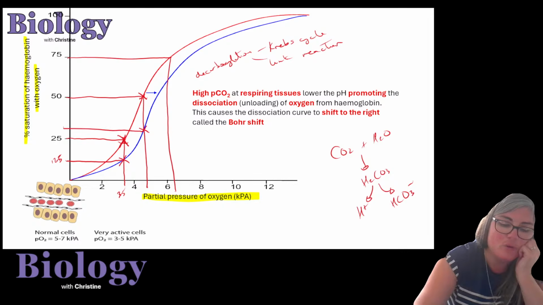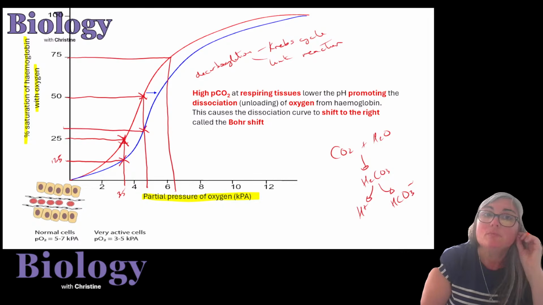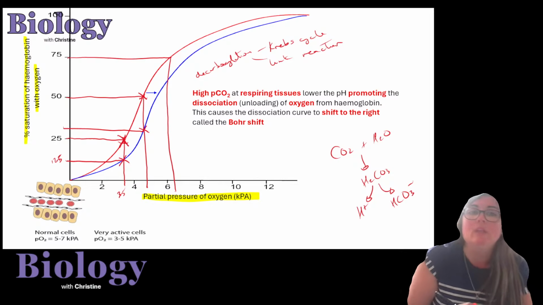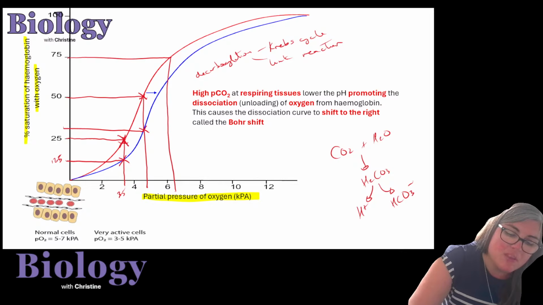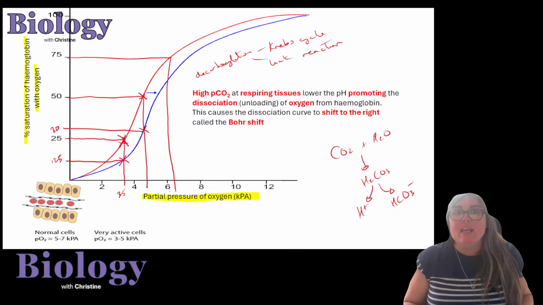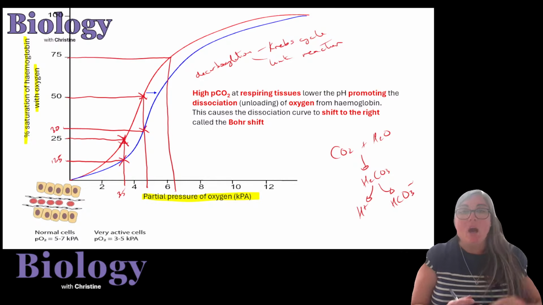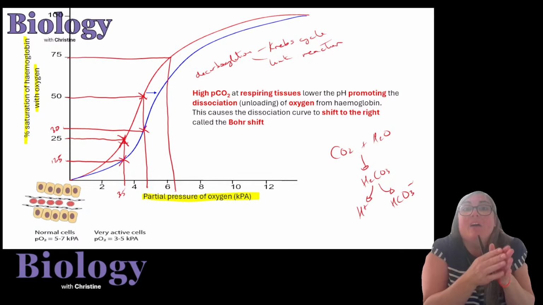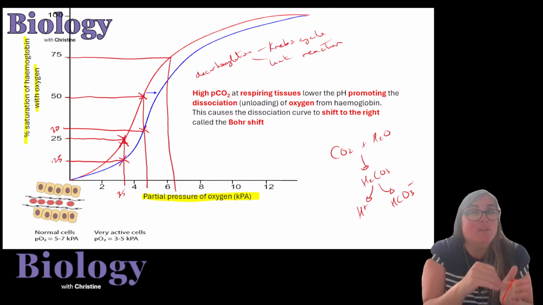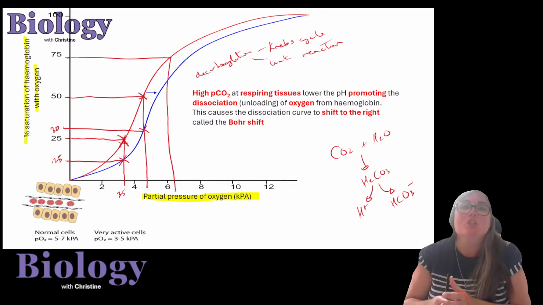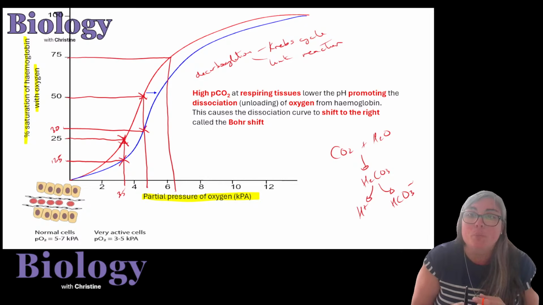That is therefore going to dissociate more readily. So it's now only maybe 30% saturated. So what we can see is whenever we are looking at carbon dioxide, we have our dissociation curve, same shape, but it has been shifted to the right, and we call that the Bohr shift.